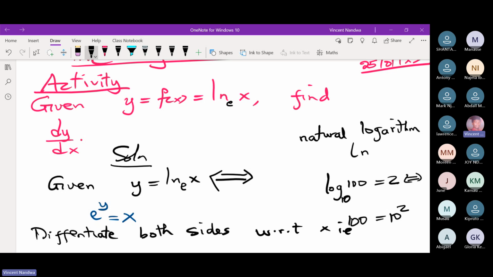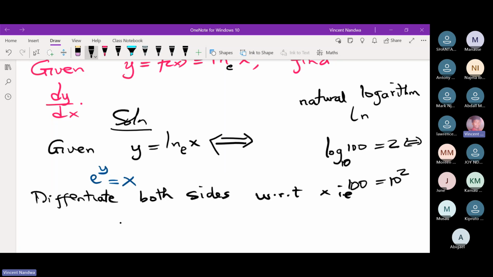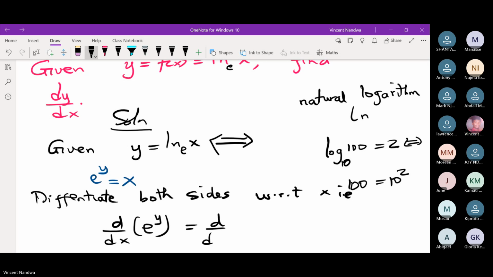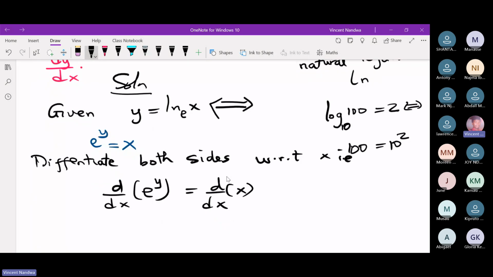That is to say, we have d/dx of e^y equals d/dx of x. So what will be the derivative of e^y with respect to x?